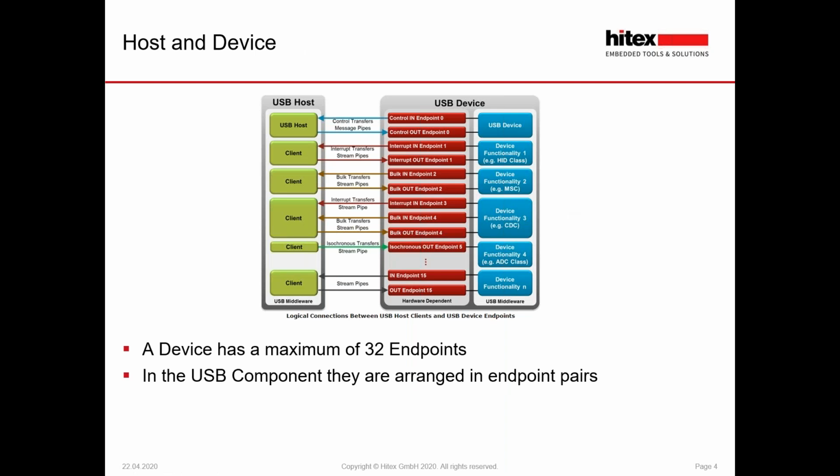We have a serial bus, but inside the serial bus, we have a number of pipes, and these are logical connections between the host and the USB device. The pipes are constructed out of packets which are routed to a particular address and then to an endpoint within the device.